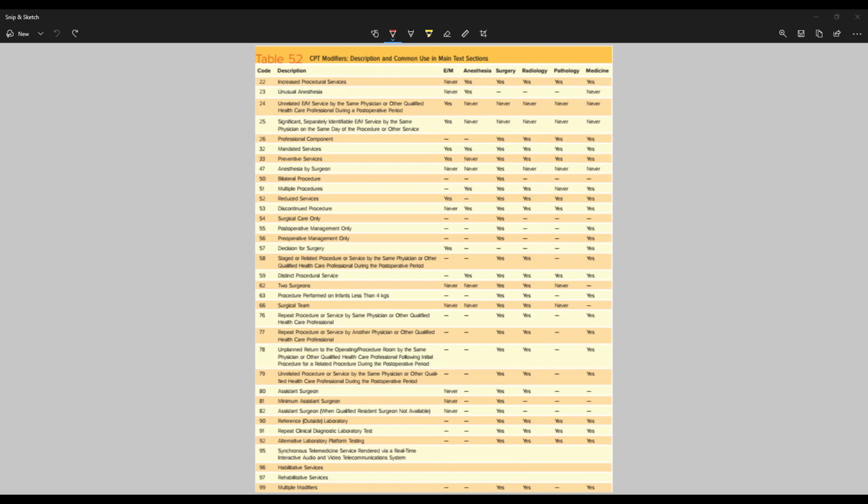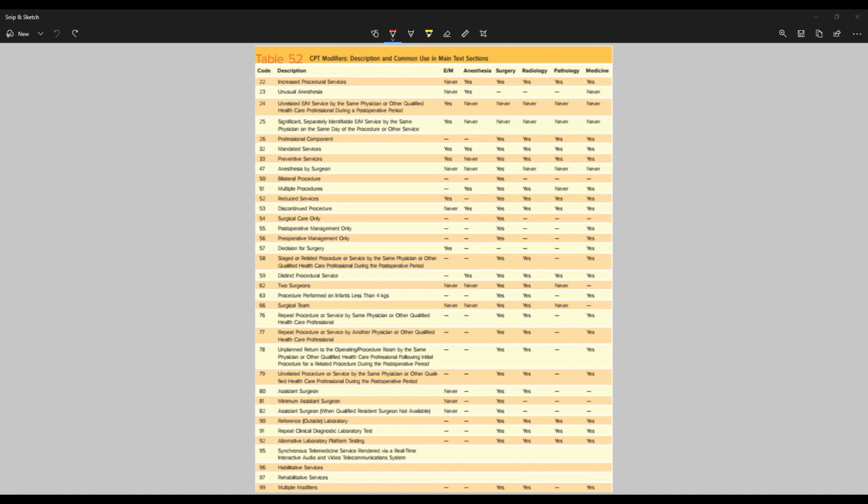You'll see that certain modifiers can only be used for certain types of codes. All right. Obviously, any modifier related to anesthesia is only usable for anesthesia. Codes like 24 and 25, which are only related to E/M services, can only be used for E/M. All right.